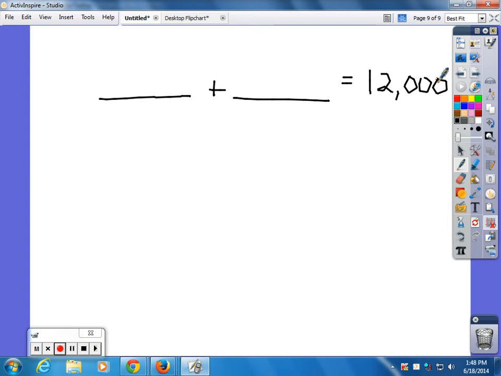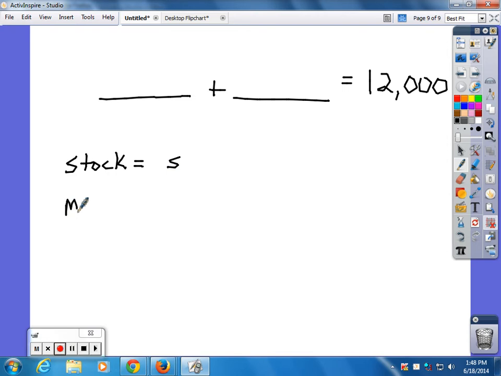Because your mutual funds and what's the other one? Stocks. There's 2 types. Okay? So let's say stocks is equal to S. And what's the other one?